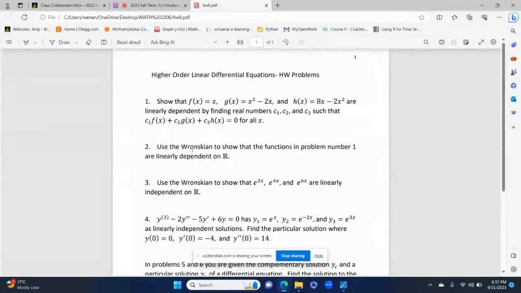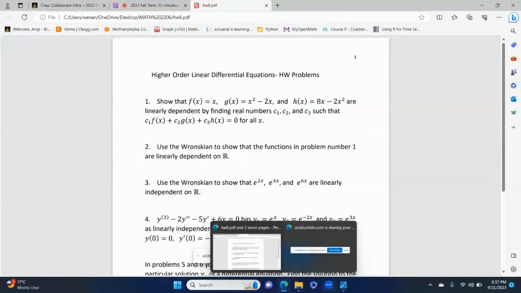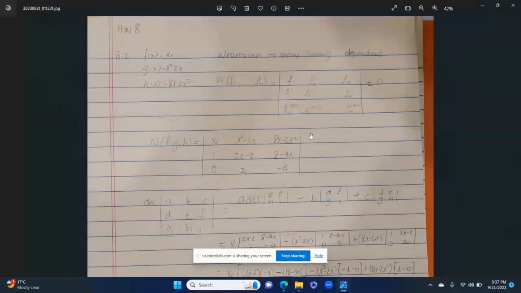So 8.2 asks, use Wronski to show that the functions in problem number 1 are linearly dependent. And I have their functions written here. So f of x is x, g of x is x squared minus 2x, h of x is 8x minus 2x squared.